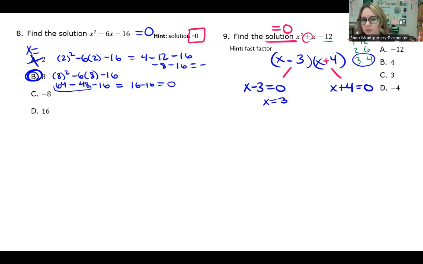What plus 4 gives you 0? Look at what's in the factors: it's minus 3, but the solution is plus 3. Here it's plus 4, the solution is minus 4. So they're always opposite. The solution is opposite of what's in the parentheses. So if we look through the answer choices, not 12, not positive 4, yes for negative 4, actually yes for 3 as well.